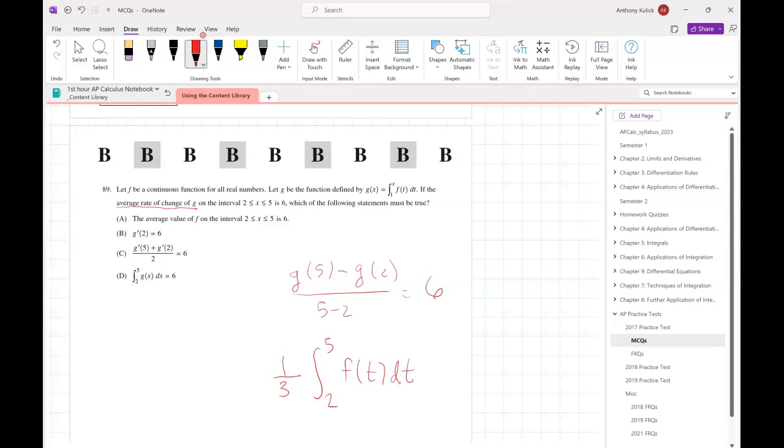Why is it? Because g, okay, let's go back then. So g of 5 would be the integral from 1 to 5 of f of t dt minus the integral from 1 to 2 of f of t dt, right?